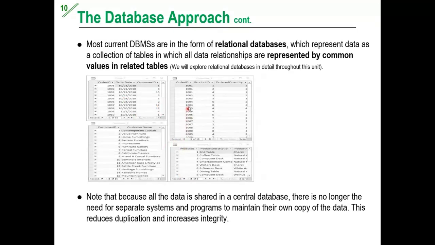For example, if you think about the customer order, we definitely need to know which customer placed this order, right? So there has to be some kind of association between the customer and the customer order. How are we going to link that association? We probably use a customer ID, right?